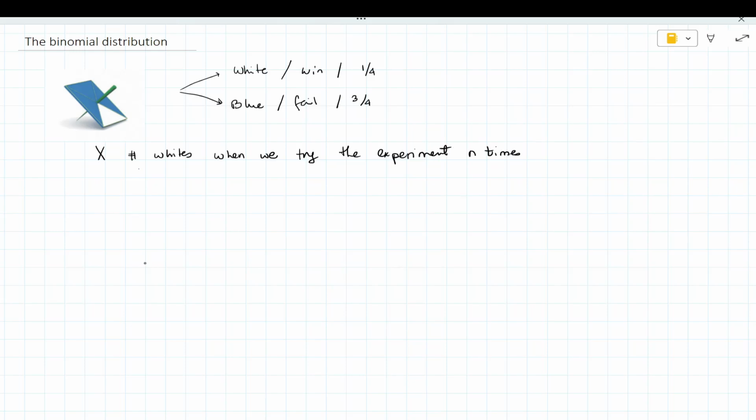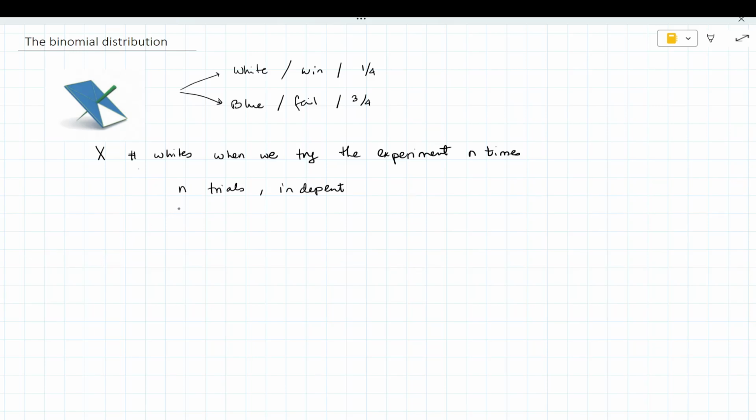And this is what we call a binomial distribution because it has the following characteristics. First of all, there is an experiment that we are doing n trials, and those trials are independent. So the spinner doesn't know what happened before or what will happen after.